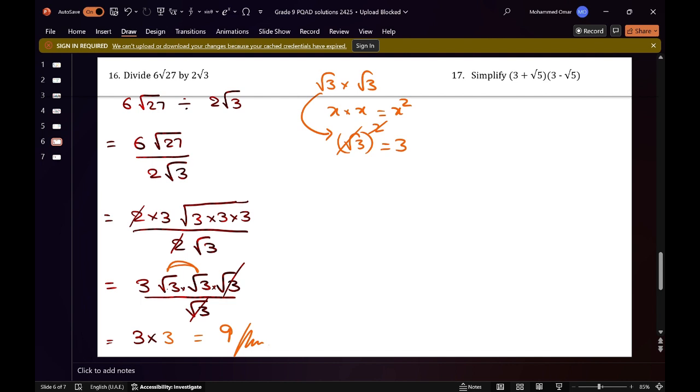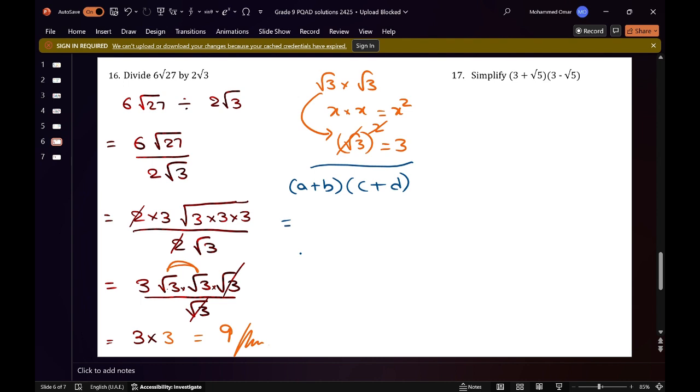Okay. Now let us see the next one. Simplify 3 plus root 5 into 3 minus root 5. What is the concept here? It is the distributive property. We have seen a plus b multiplied by c plus d.